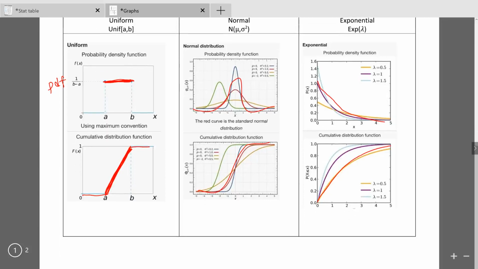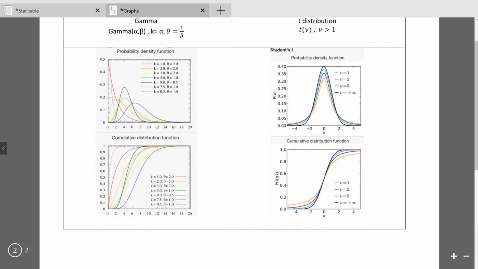For the gamma distribution, if alpha equals 1, it actually looks like the exponential distribution, and the CDF is also increasing. For continuous random variables we say increasing, but actually the CDF is non-decreasing. It could stay the same and then increase.